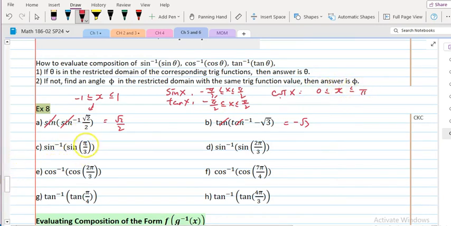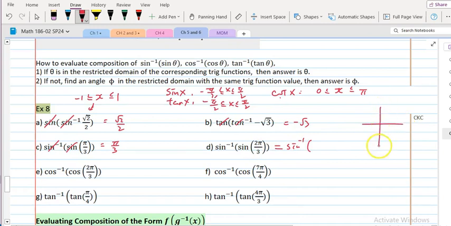So let's look at pi/3. Is this in the restricted domain? So you just cancel it, and the answer is pi/3. Sine inverse of sine 2pi/3: 2pi/3 is not between -pi/2 and pi/2, so that is outside. So I would actually have to evaluate it. What is sine 2pi/3?